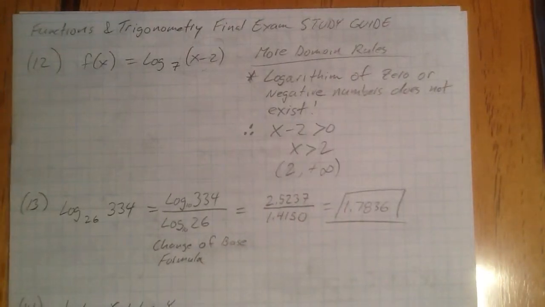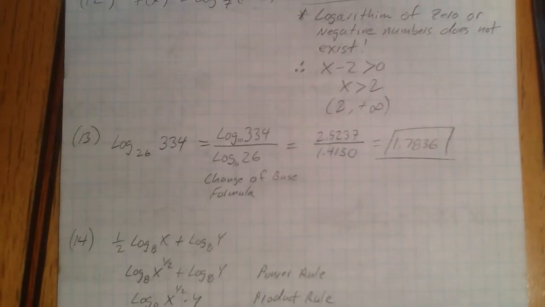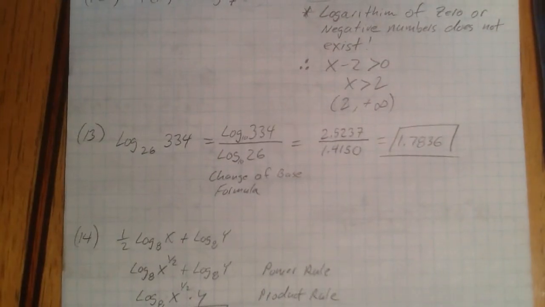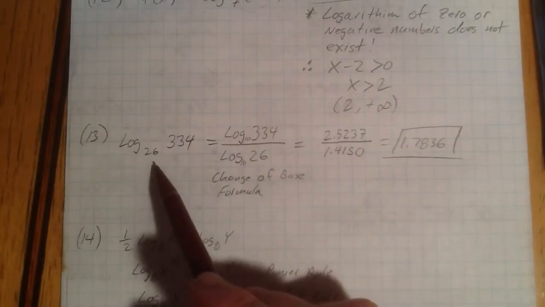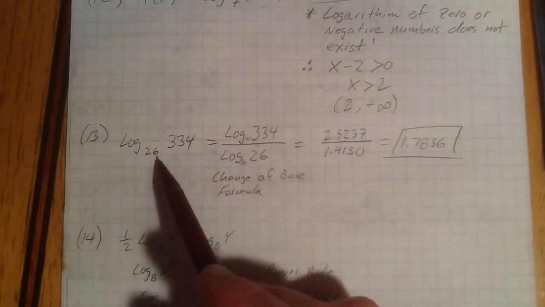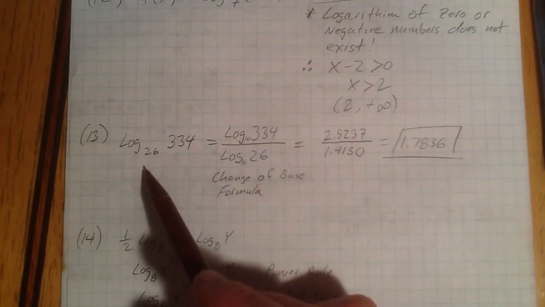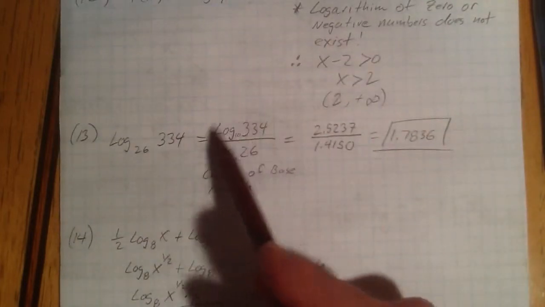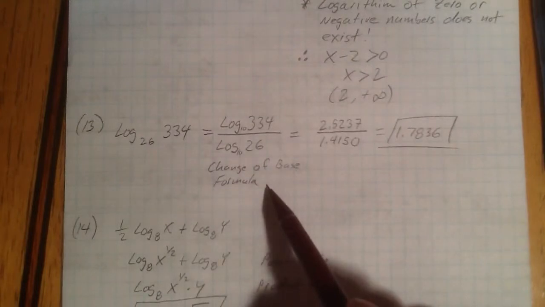Now this next problem, 13, is nothing but a calculator, plug and chug. Some of you with fancy high-speed calculators can change your base. I can't. My calculator only has natural log and log base 10. So this setup is the change of base formula that you've been taught.